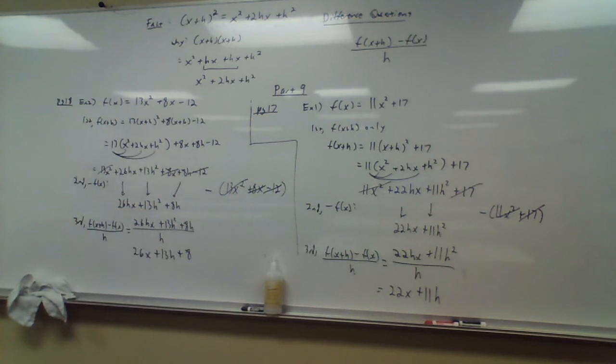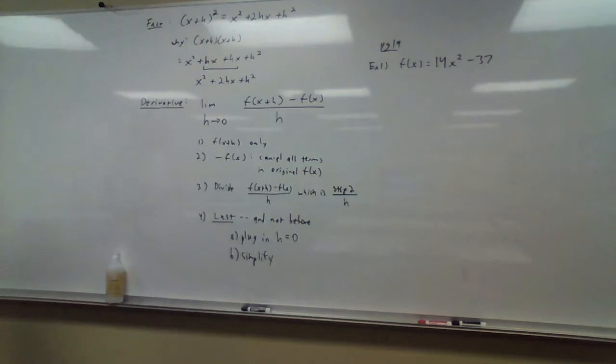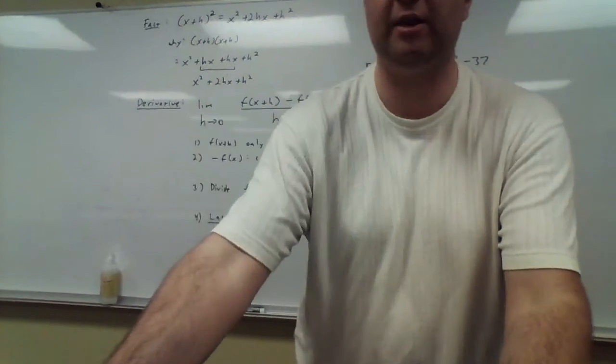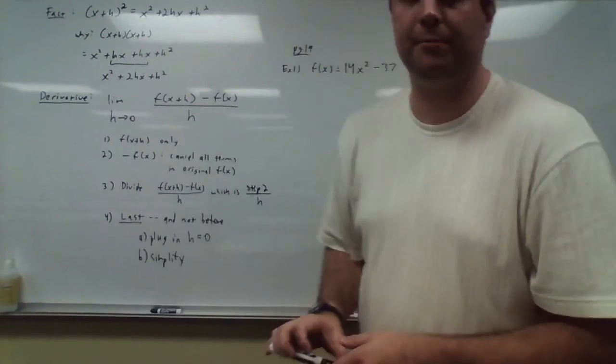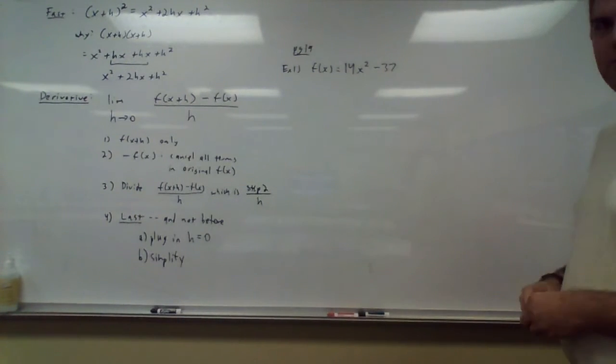All right, I'm going to clear the board, and we'll do the next part. Okay, we are now on page 19, and the end is finally near. What we're going to do here is find something called a derivative.